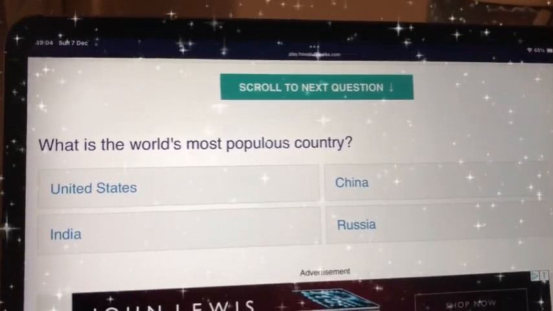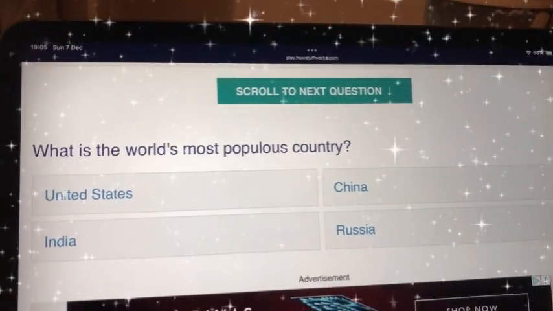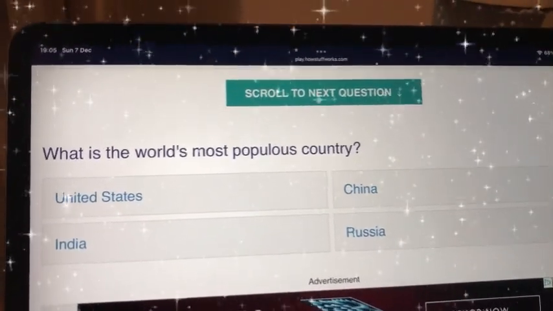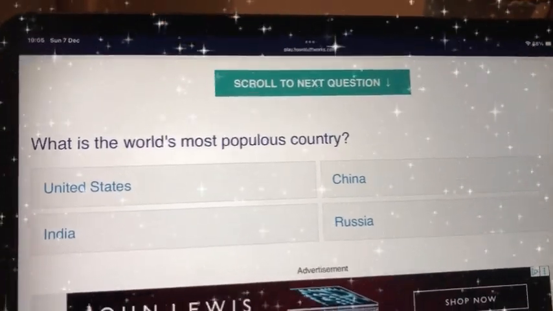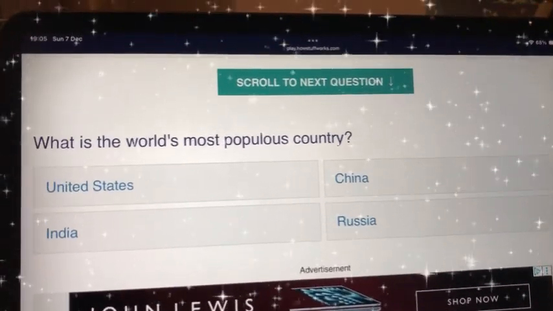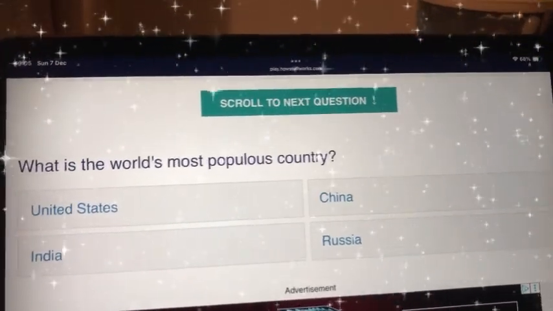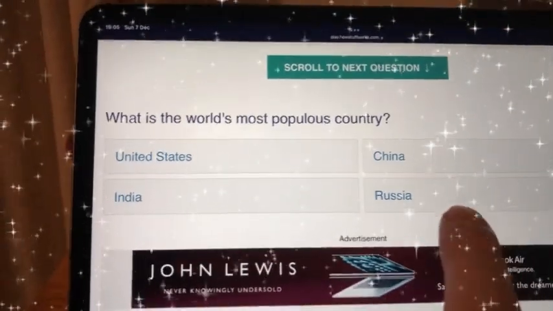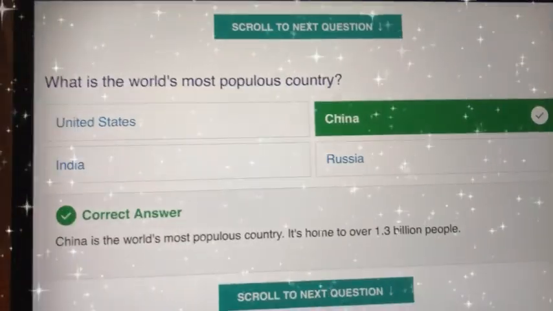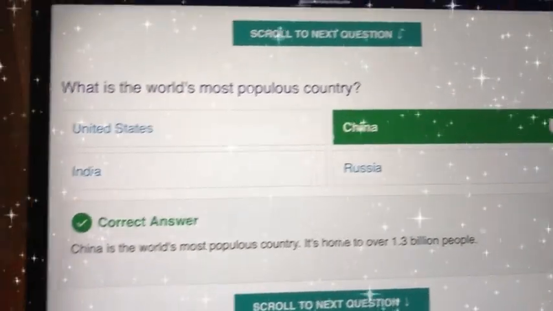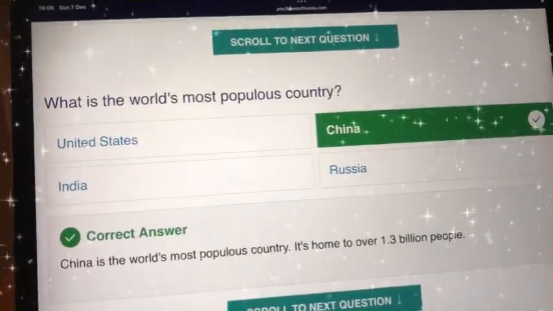I was tempted to go for India just now, but I think China just pips it. It's close, but I think China, for me, is the one. So I'm going to go for China on that one. So, yay! It's correct. But I was tempted to go for India at first until I saw China. Okay, let's have a look at the next one.